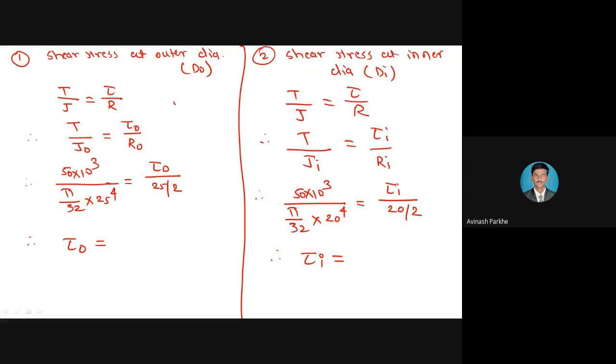We have J equal to pi by 32 into DO raised to 4 for this, and here J is equal to pi by 32 into DI raised to 4. Find out the separate shear stress for the outer diameter and the separate shear stress for the internal diameter.